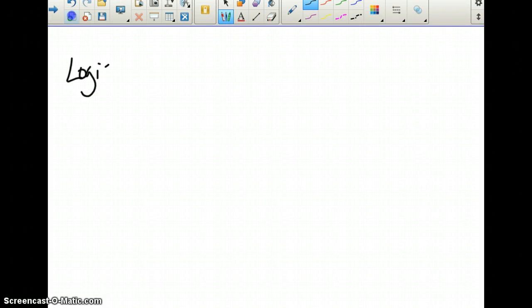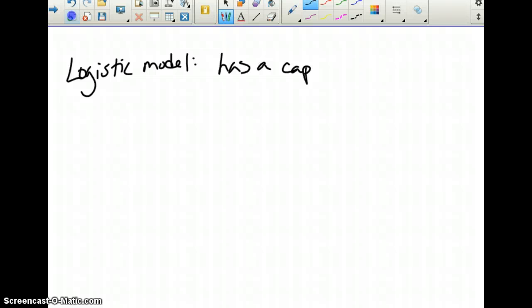A logistic model is one that has a cap. Unlike exponential growth, we're going to grow very fast for a little while. Then we're going to slow down as we reach our constraint.